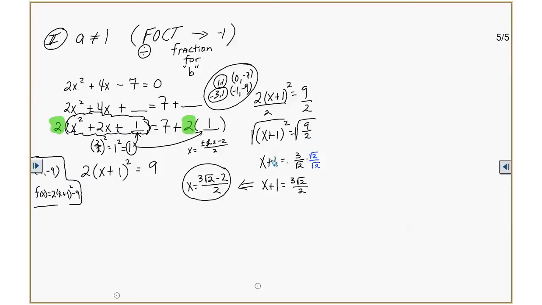And then what do I change 1 into for a denominator of 2? That's 2 over 2. And there's where 2 over 2 comes from right there. Got 3 square root 2 over 2 minus 2 over 2. Or you can write it as 3 square root 2 minus 2, over 2, with a common denominator.